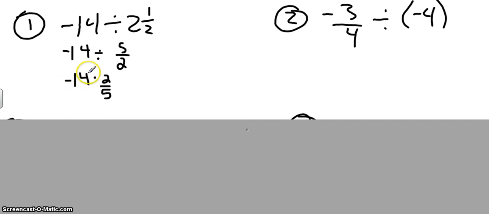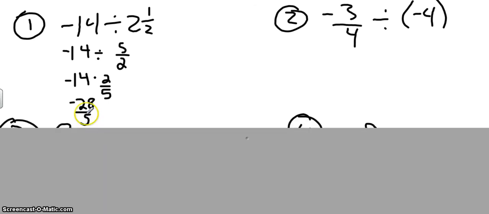And we end up with 14 times 2, so we have negative 28 over the denominator of 5. Okay, very good. And we could change this back to a mixed number, can't we? So 5 goes into negative 28, negative 5 times, and then we have 3/5 left. Very good.